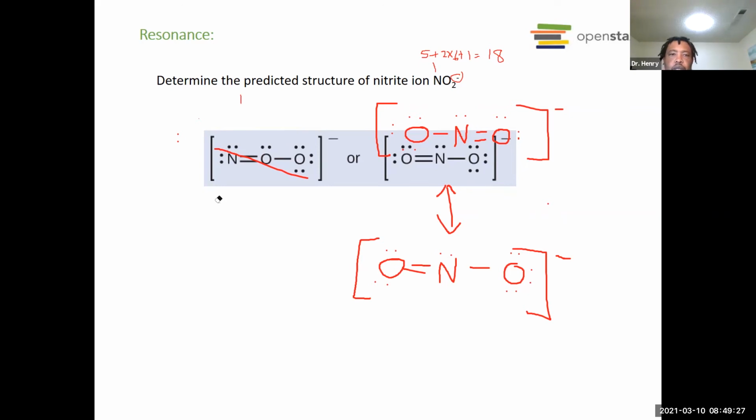It's going to be the preferred one. Also, the formal charges: if we did the formal charges on this very first oxygen, call it O1.